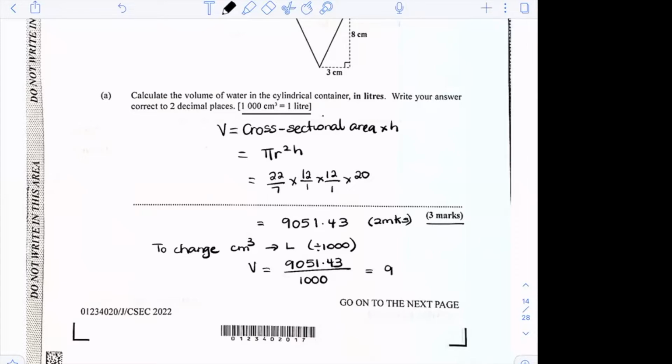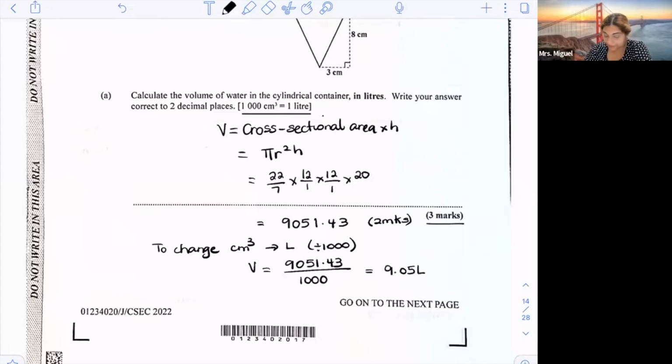So 9.05 liters. Here you will get 1 mark. So you see how the 3 marks are awarded?